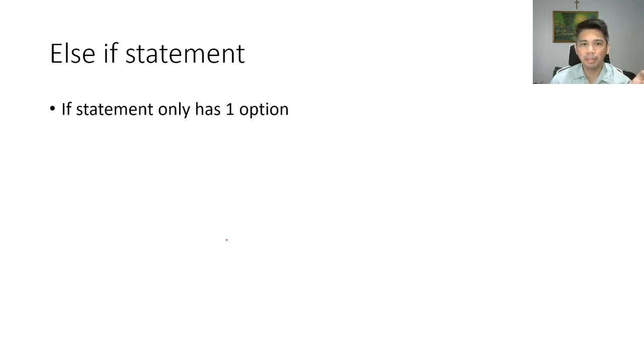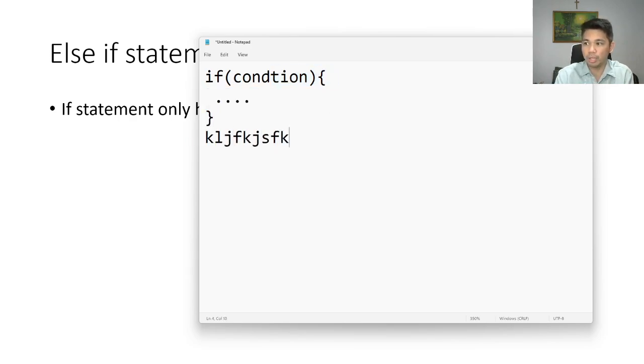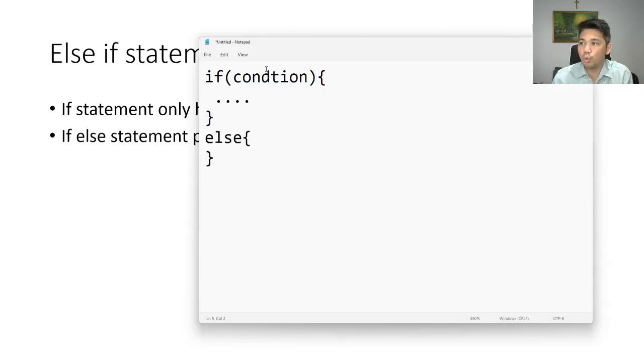Kasi si if statement, isang option lang yan. Kasi tinuro ko kagad sa inyo if-else, no? Pero originally, we start with an if statement. If our condition is true, it will perform the codes inside. But if it's false, it will not perform anything and it will proceed to the next set of codes. With if-else, it provides you with two options.